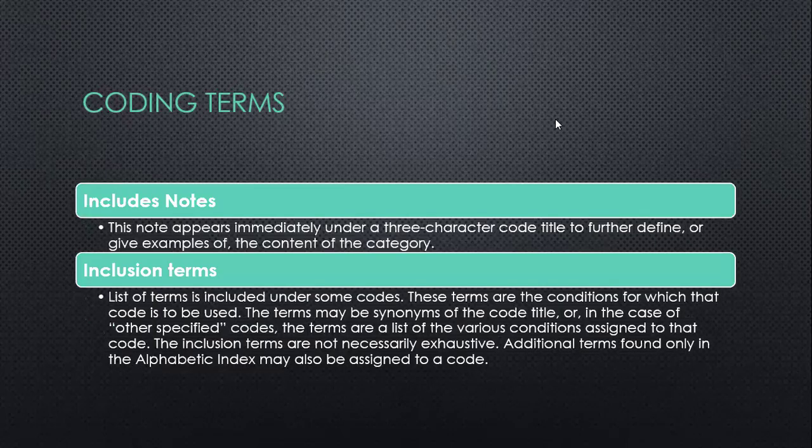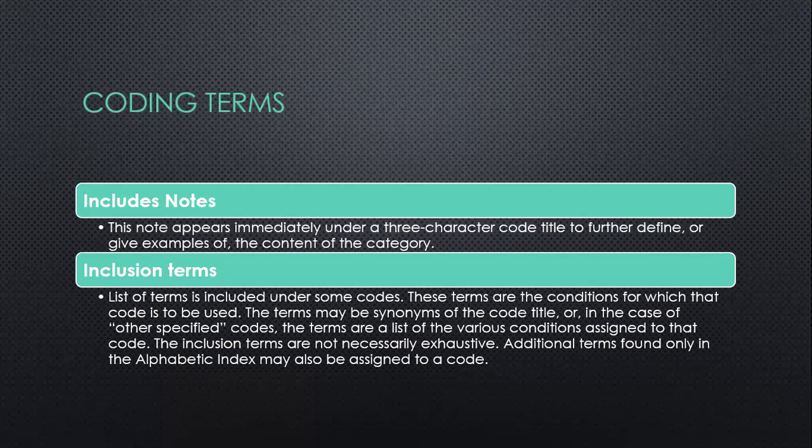So, further describing our coding terms, we have includes and inclusion terms. Our includes notes appear immediately under our three-character code title to further define or give examples of the content of the category.